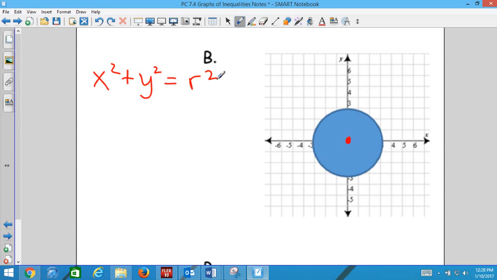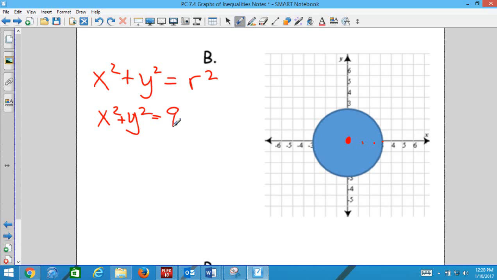If there is no shifting, if it's straight in the center, it's just x squared plus y squared equals r squared. And what's r? Radius. So what is my radius? So we have x squared plus y squared equals 9.